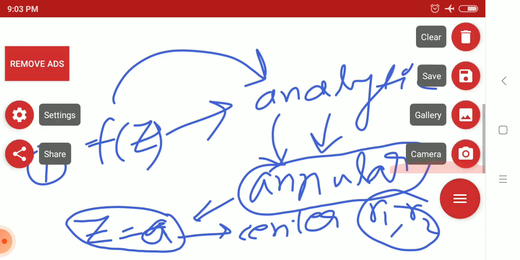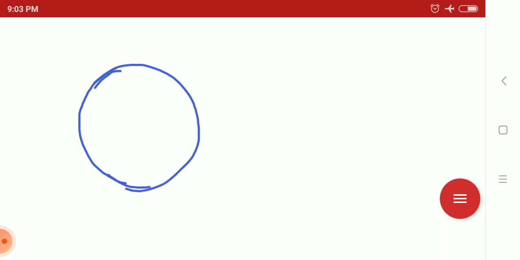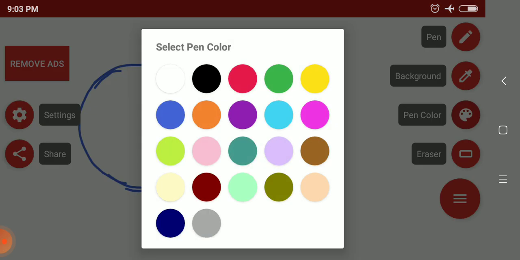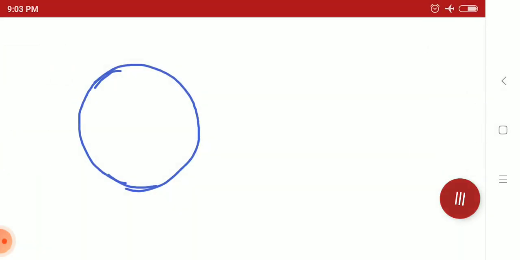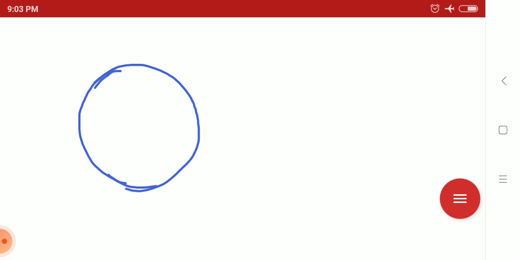So we can first draw the picture to depict the annular region. First draw this circle. We are drawing the annular region. Now let's draw another circle: first the outer circle, second the inner circle.